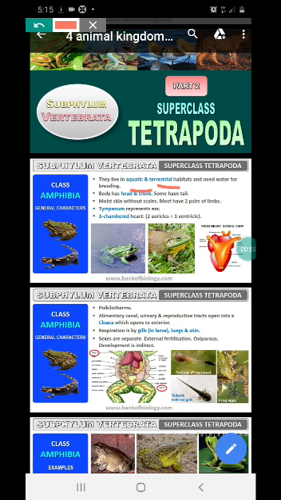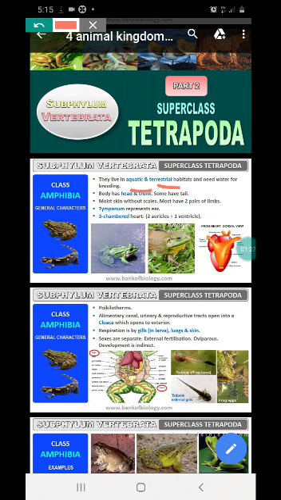The body is differentiated into a head and a trunk, and from the trunk you can find two pairs of legs or limbs, and the forelimbs are shorter than the hind limbs. They have two eyes located on the triangular head, with no eyelids, but they have a transparent covering called the tympanic membrane.